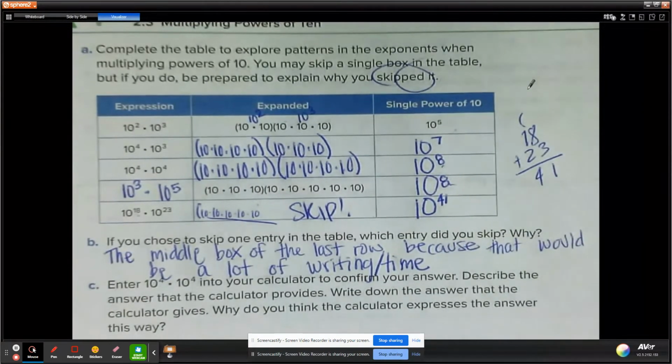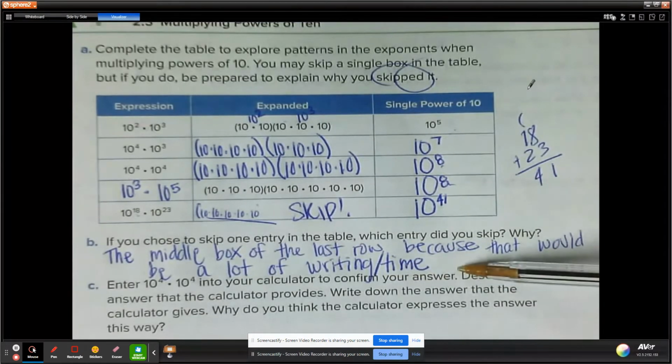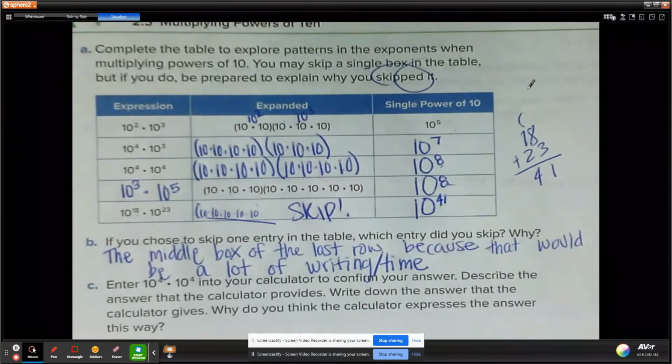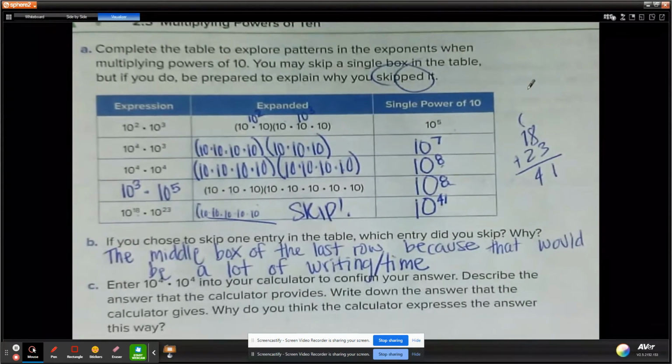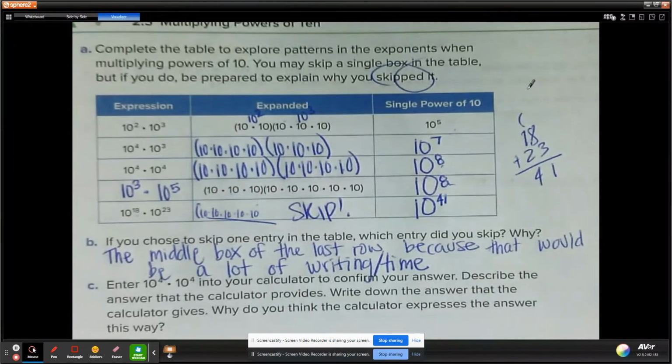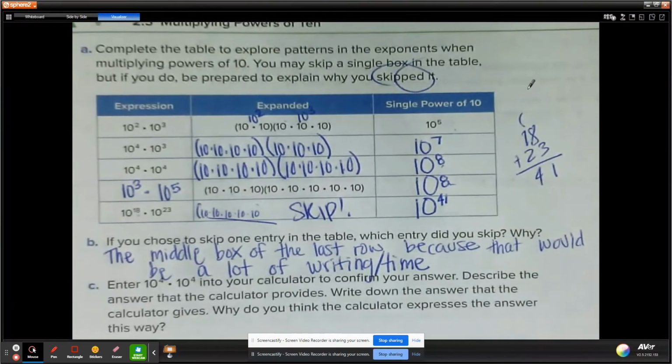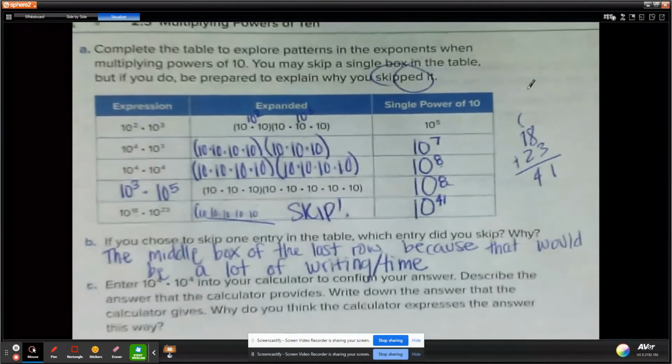Part C says, enter 10 to the 4th times 10 to the 4th into your calculator to confirm your answer. Describe the answer that the calculator provides. So I need a calculator. Here, I'll just use my phone.